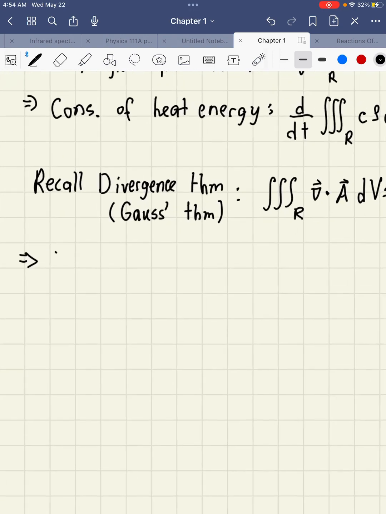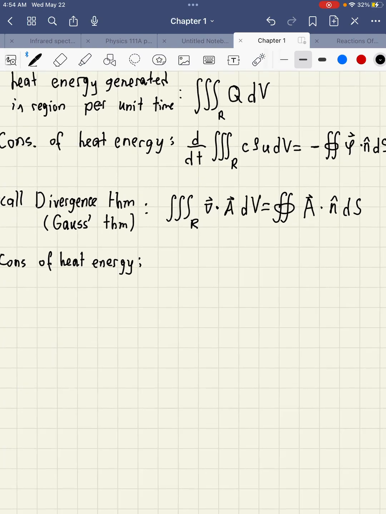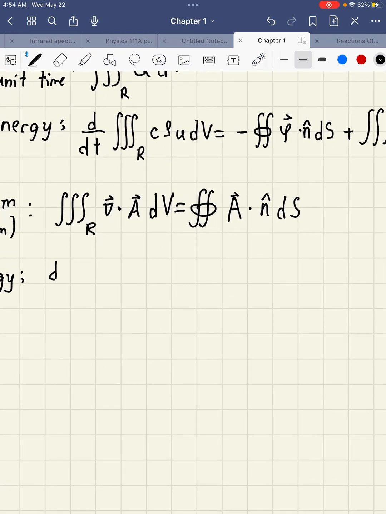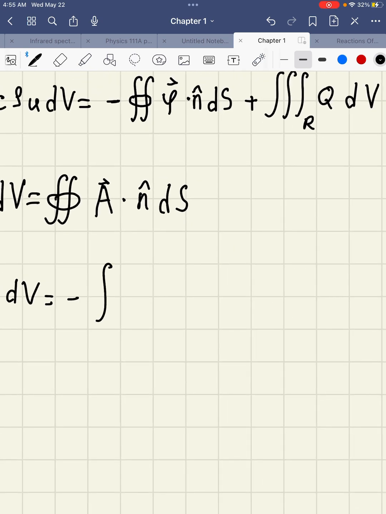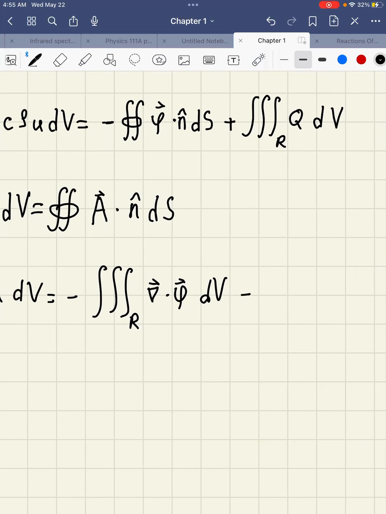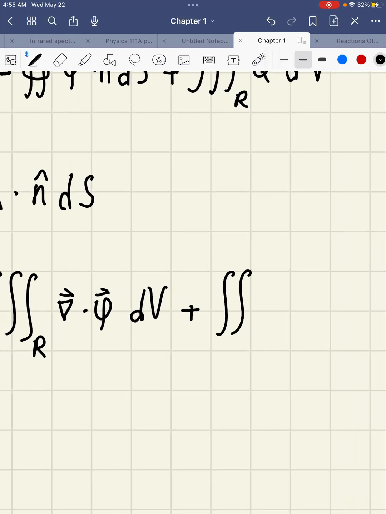So therefore, I can rewrite my conservation of heat energy as d/dt of the integral of c rho u dV, which is equal to negative the volume integral of the divergence of my heat flux, plus the volume integral of my heat energy that's generated.